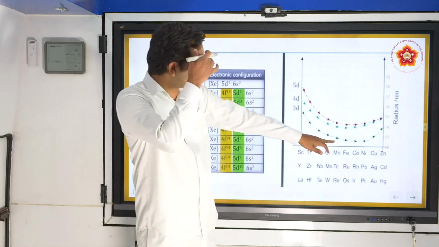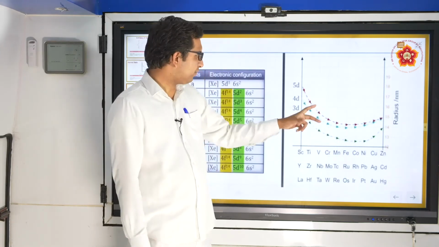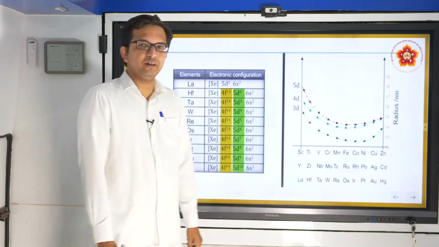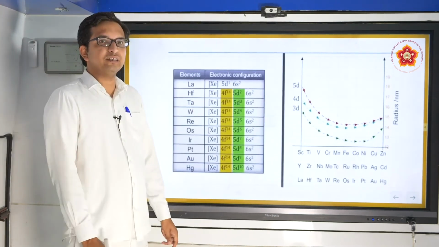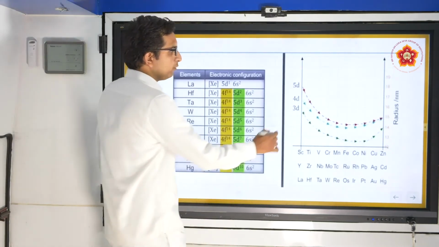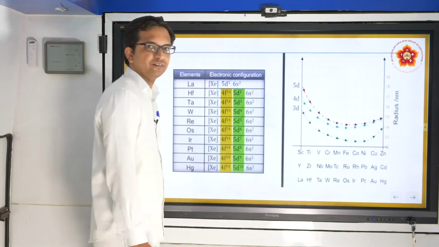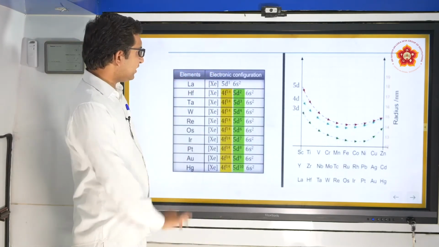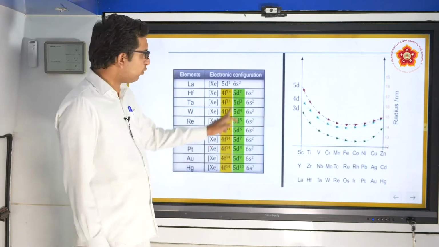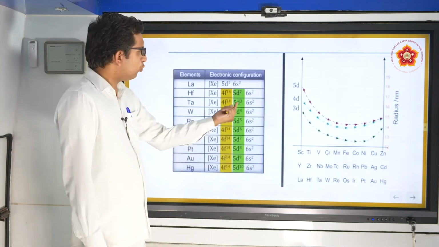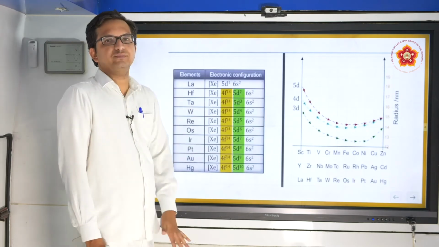There is a difference between 3d and 4d, but 4d and 5d seem to be very close by. That is because another series called the lanthanides comes in between the 4d and 5d series. Before filling the 5d series, you will have to fill the 4f first.